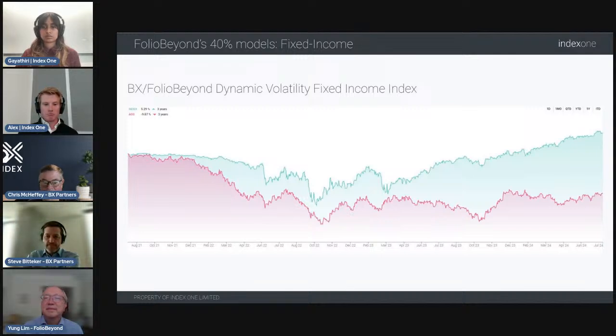And I think, in the future we'll see a lot of blended models, but also fixed income only or equity only models that are more reactive, more active, and hopefully also provide better returns than the traditional passive indices that I think are mostly used in the market right now.